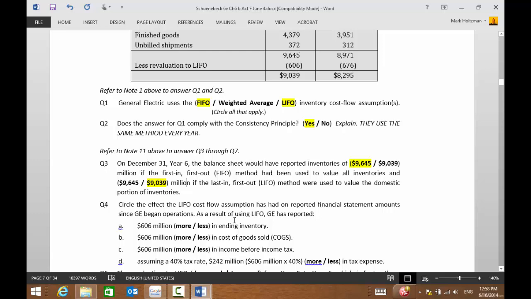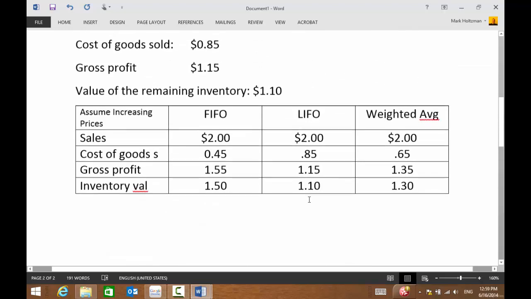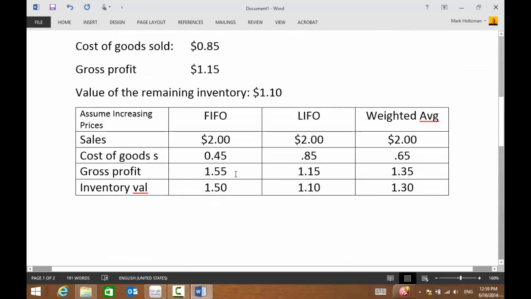So now let's look at the difference. You can see here, I talked about this before. If prices are going up, remember that FIFO gives you more profits, while LIFO gives you higher cost of goods sold, lower profits and lower inventory value. And that would be flipped around if prices were going down.